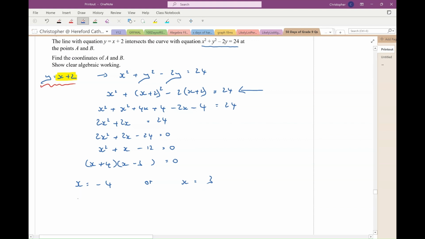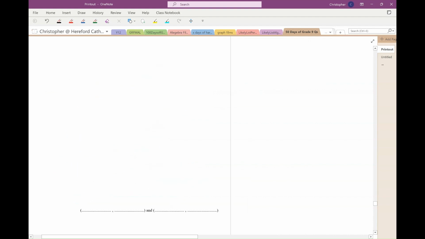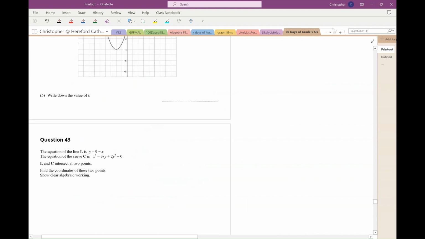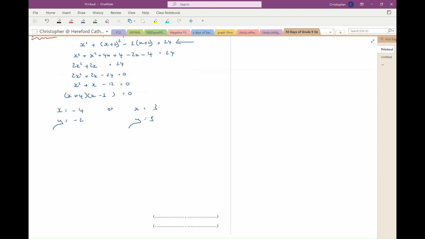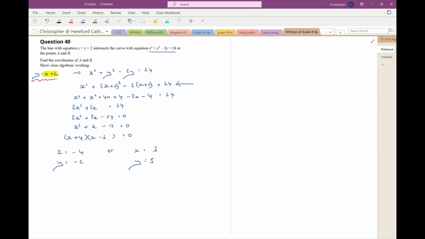If x is minus 4, then y is minus 4 plus 2, minus 2. And if x is 3, then y is 3 plus 2, which is 5. So my points of intersection are minus 4, minus 2 and 3, 5. And that's question 40 done.